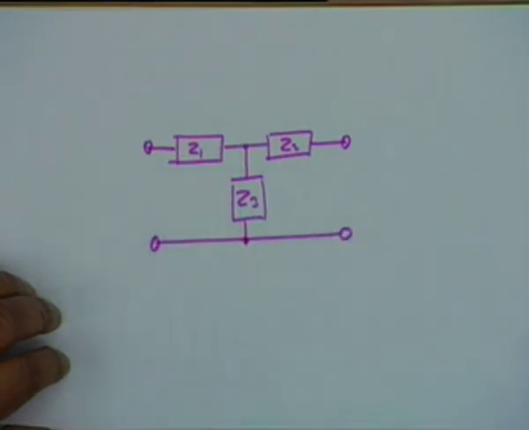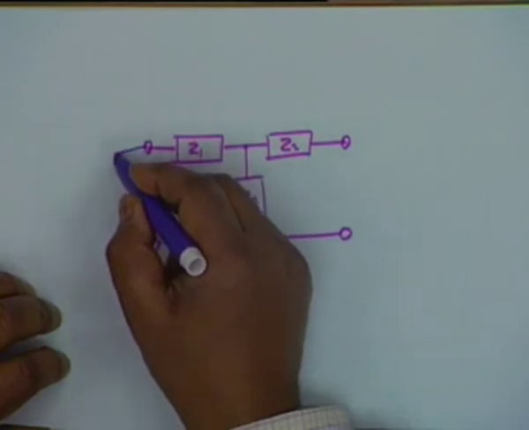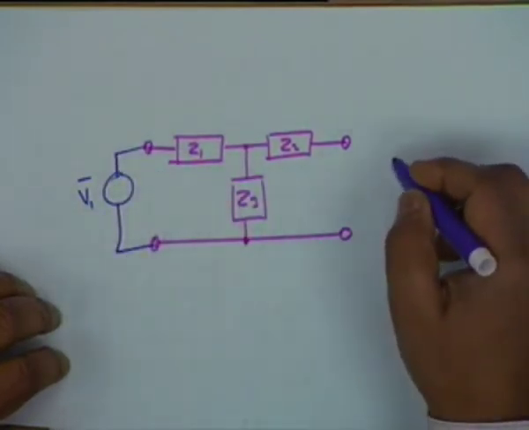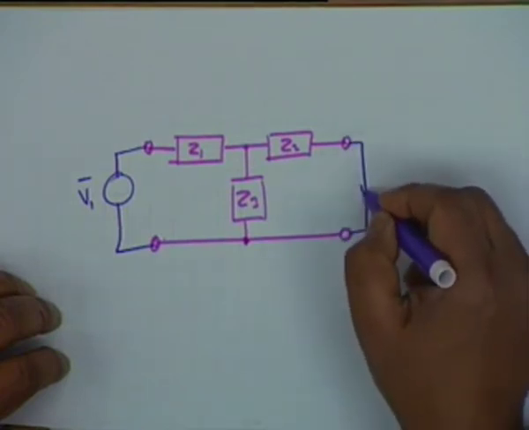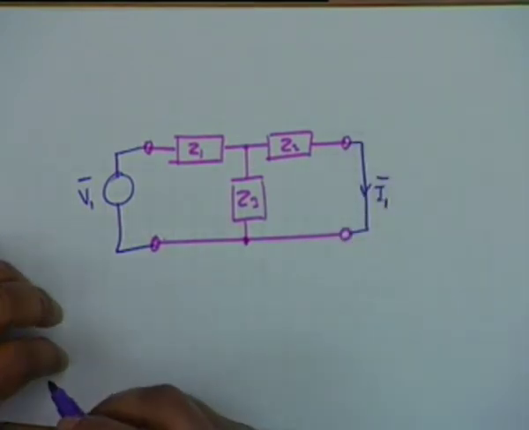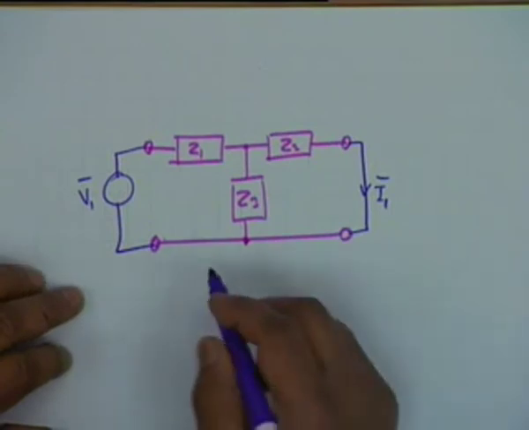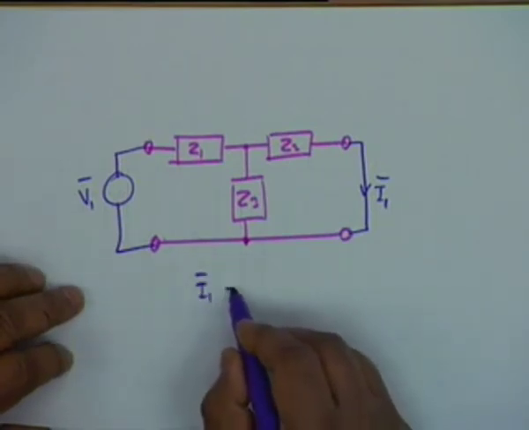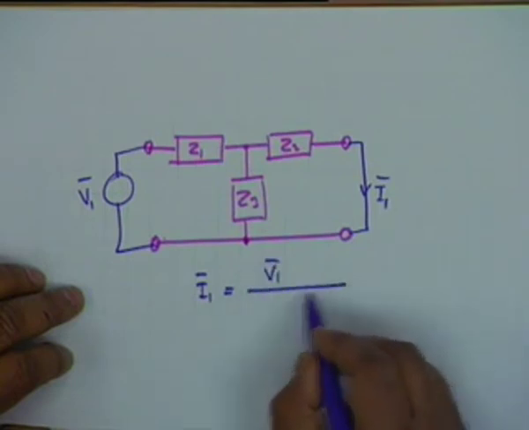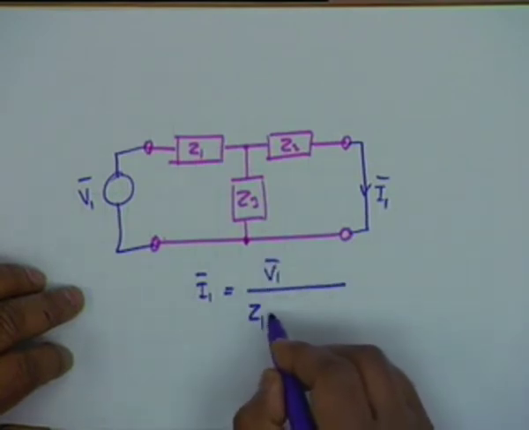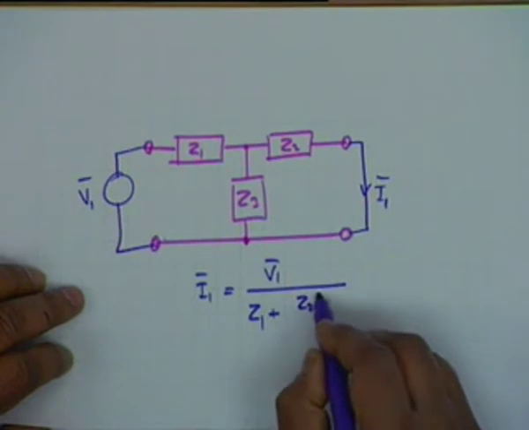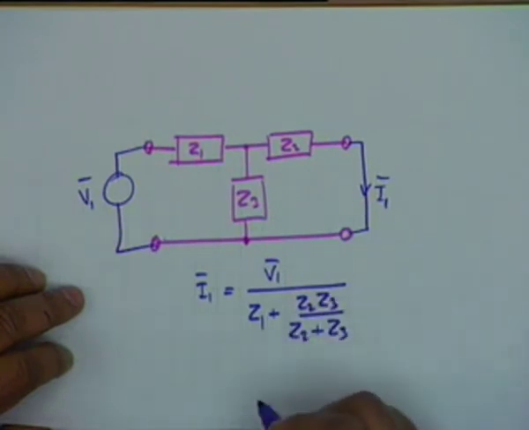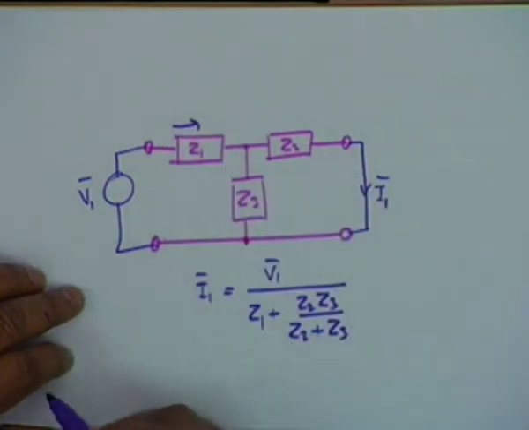All right. Now let us apply a voltage source here, V1, and let us find out the short circuit current I1 here. Obviously, I can find out I1 by inspection. It is V1 divided by Z1 plus Z2 Z3 divided by Z2 plus Z3. This is the total current.